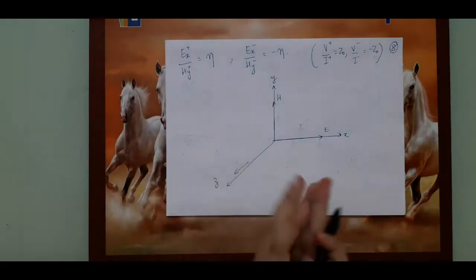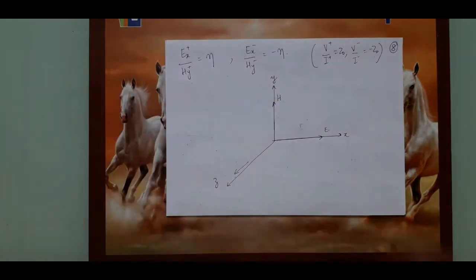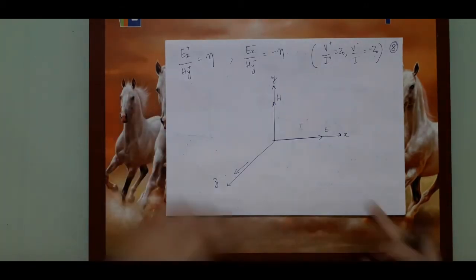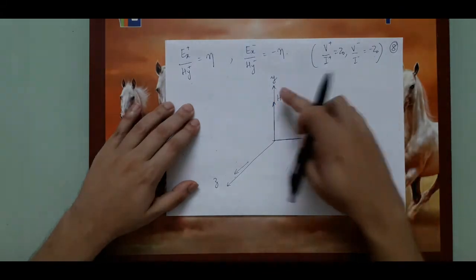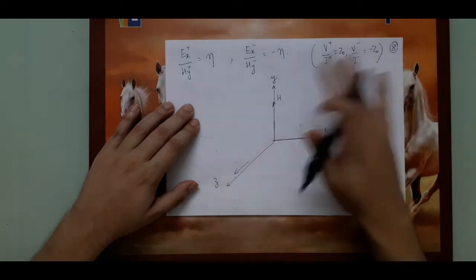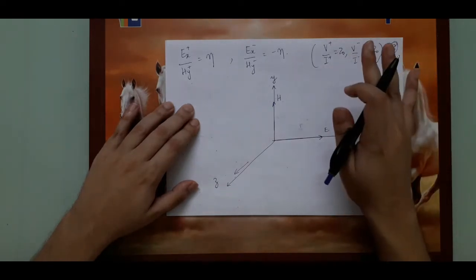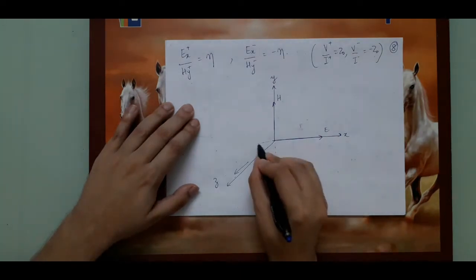Now let us say when both electric and magnetic field are positive, they will exist in this direction, because the E and H are sinusoidal fields, so never forget that. They have that e raised to j omega t term. So when H becomes negative, it might go over here. When E becomes negative, it might go over here.